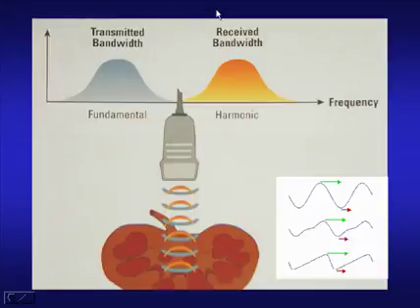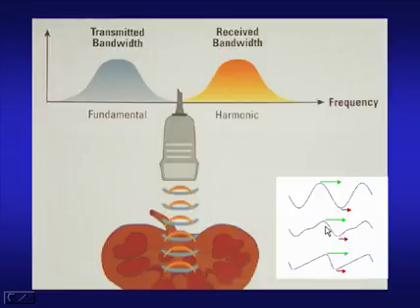Many of you will be familiar with tissue harmonic imaging, where the property of ultrasound that various frequencies do not travel at the same speed through tissues leads to the generation of harmonics within the tissues, which are radiated back from the tissues to the transducer, giving us different frequencies to the ones that were actually input into the tissues to start with.